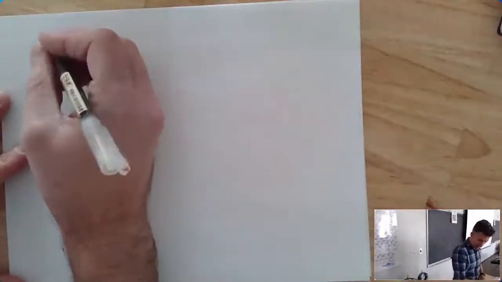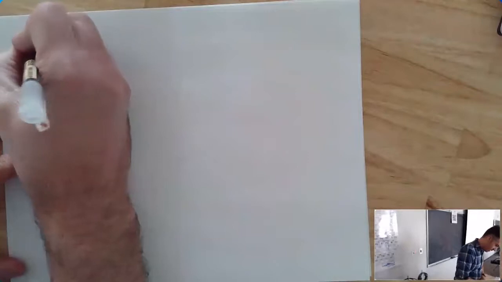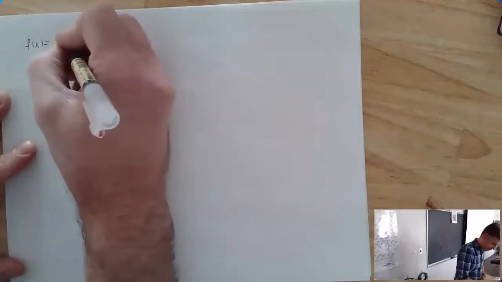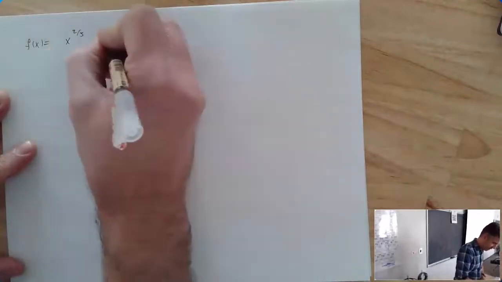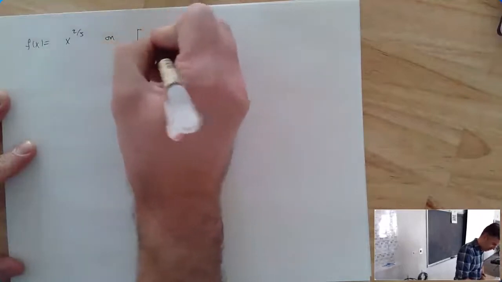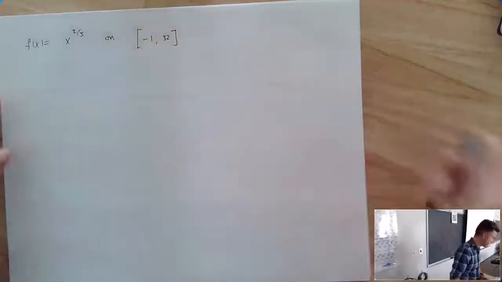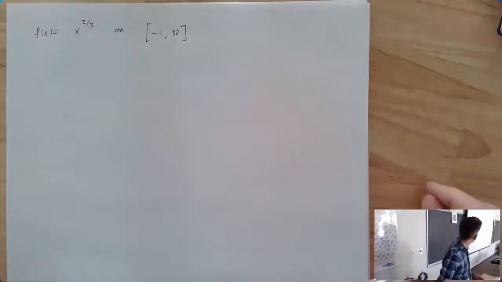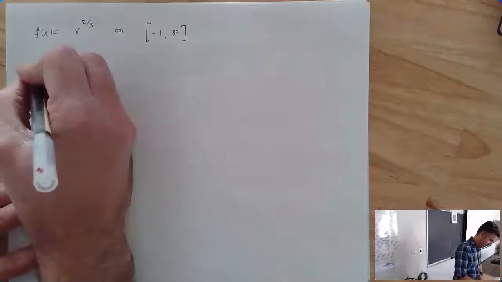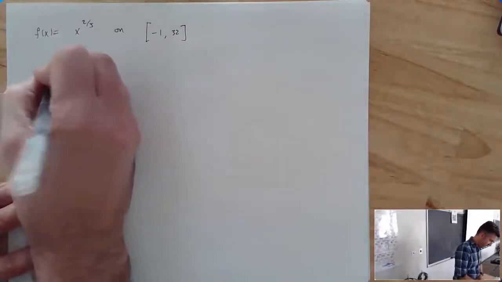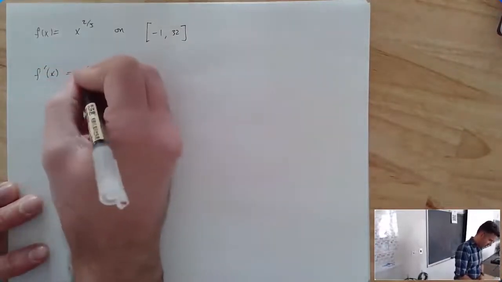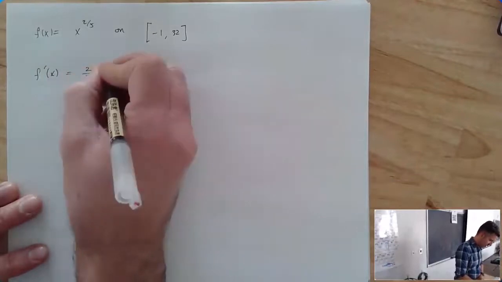Yeah, sure. So let's look at this example: f of x equal to x to the 2/5 on the interval from -1 to 32. Okay, so if I try and find the derivative here, find the critical points, I'm going to get 2/5 times x to the -3/5.